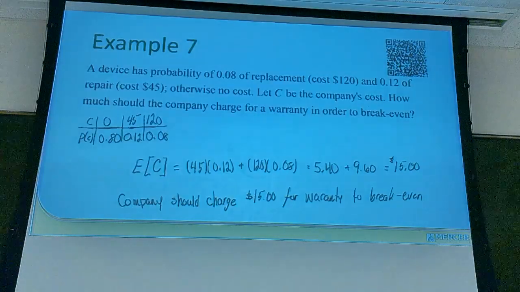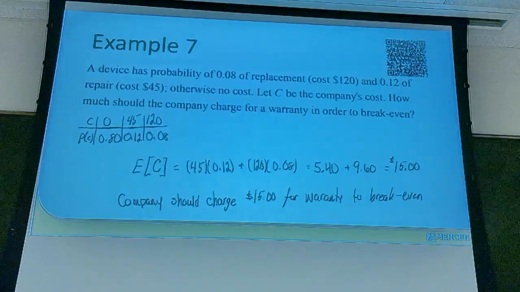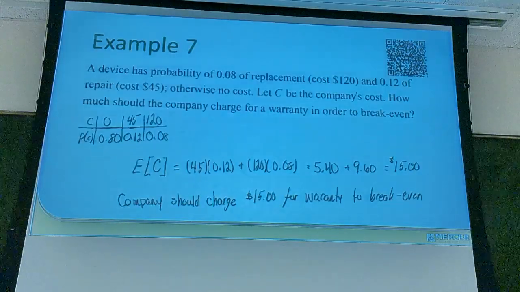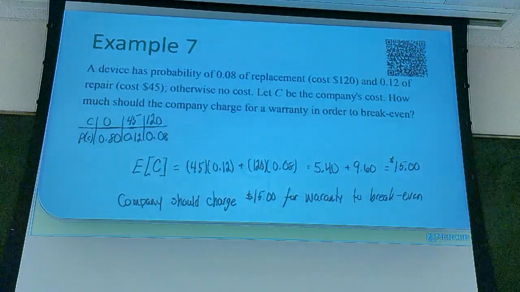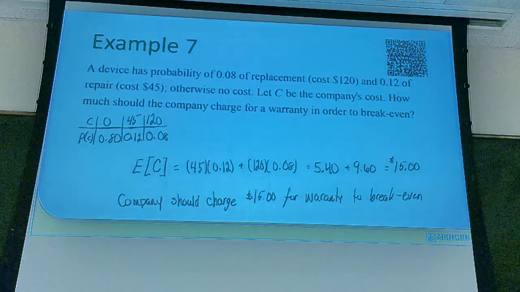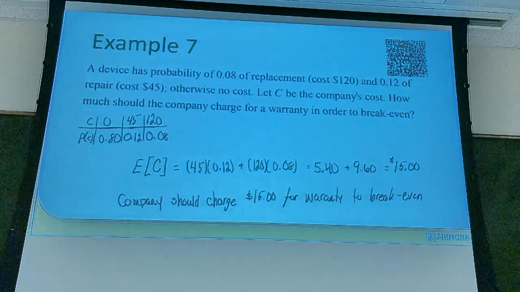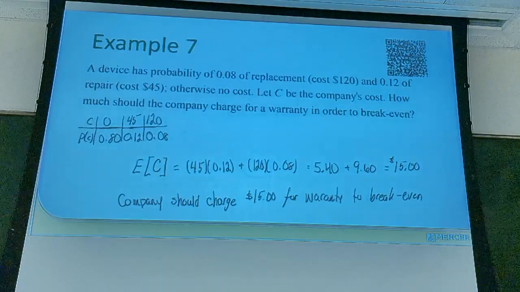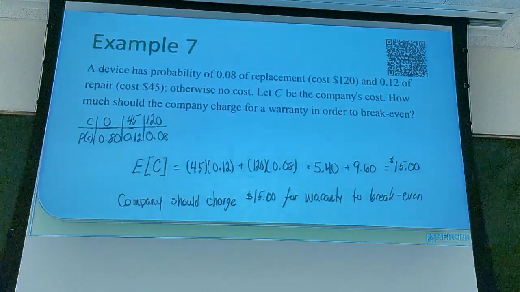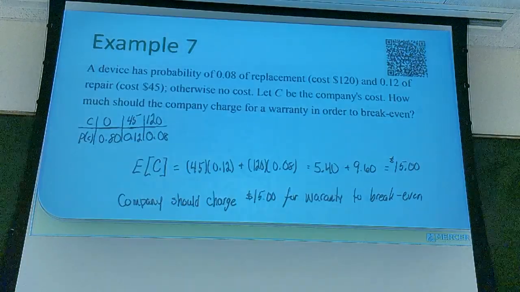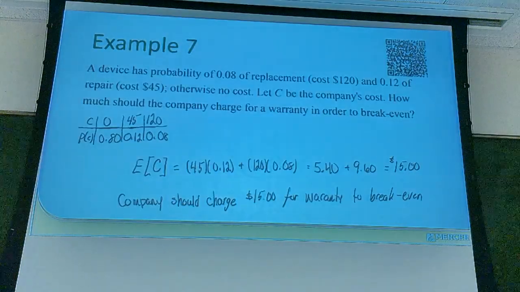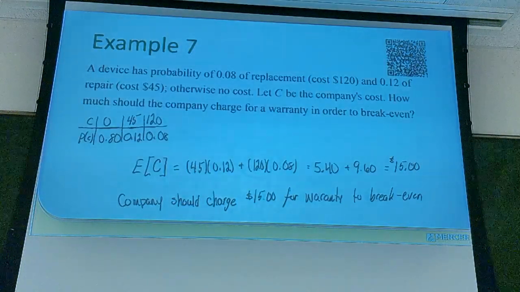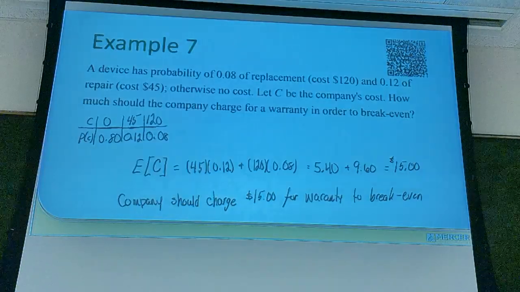Which means they're actually probably going to charge about $30 for the warranty and make a profit. That's why in general you shouldn't buy extended warranties. Because the company charges it to guarantee that they make money on it.